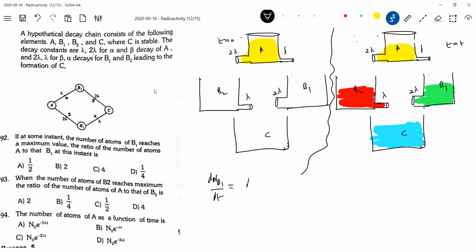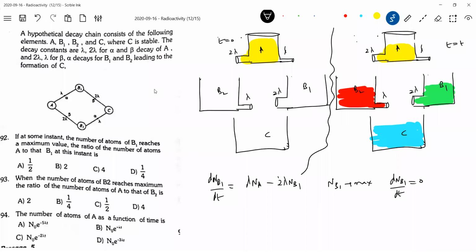What is the rate of production? Lambda Na, and rate of decay minus 2 lambda NB1. NB1 you write it. NB1 will be maximum when these two are equal, when dNB1 by dt equals 0.